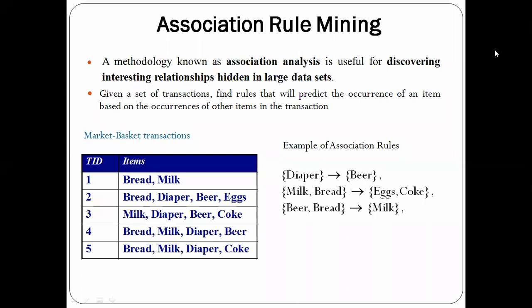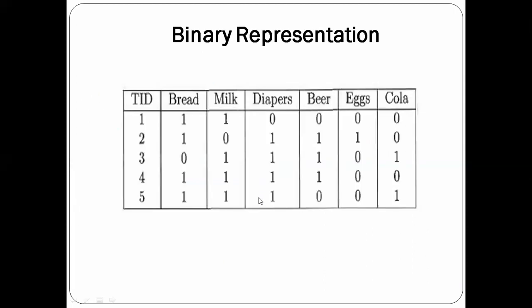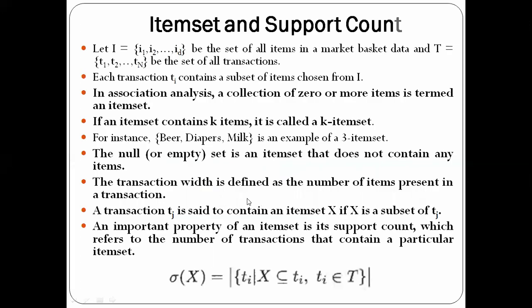The transaction 3 contains the subset diapers comma beer. So diapers comma beer is present in transaction 3. We say that this subset belongs to transaction 3. If that item set is present in the transaction, then we say that item set is a subset of the transaction, or it belongs to the transaction.